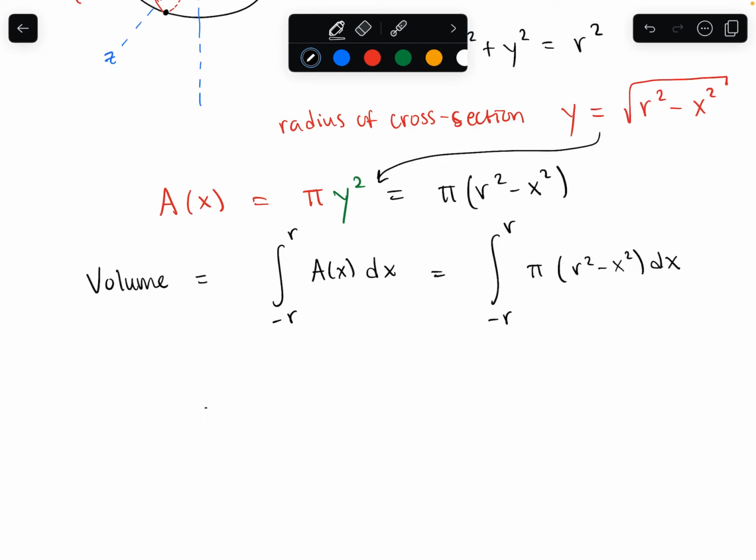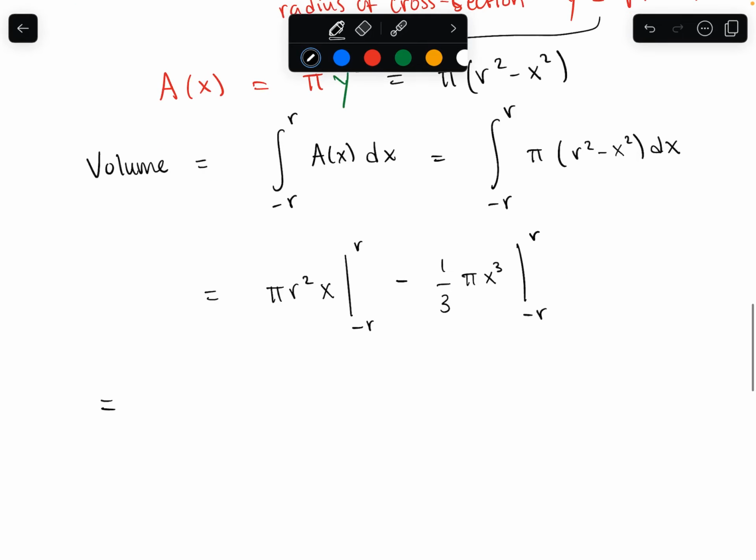The pi r squared part's constant, and the x squared part's just a polynomial term, so it's pretty easy to compute. This gives me pi r squared x evaluated from minus r to r, minus 1/3 pi x cubed, also evaluated from minus r to r.